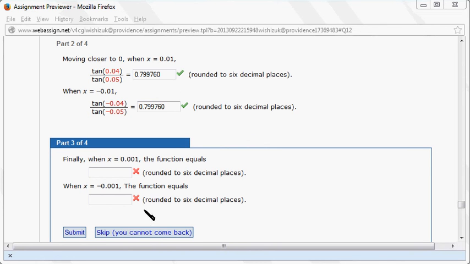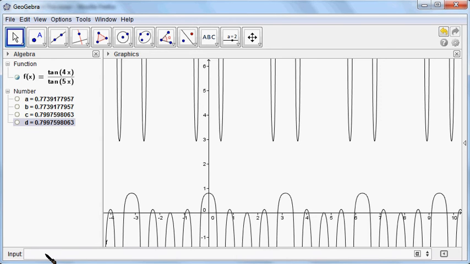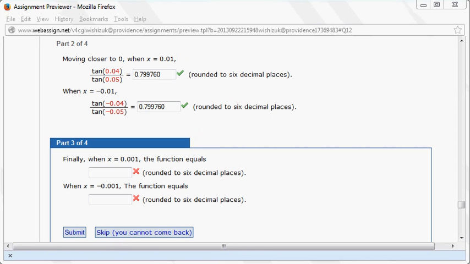Same way, we're going to try x equals 0.001 and also -0.001. So we do f of 0.001 and calculate that, and also f of -0.001. You can see that you have these values, and I'm going to type them in.